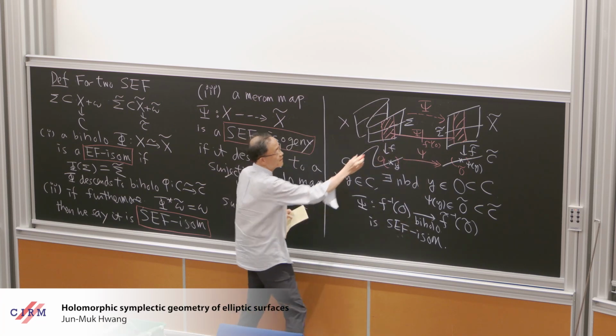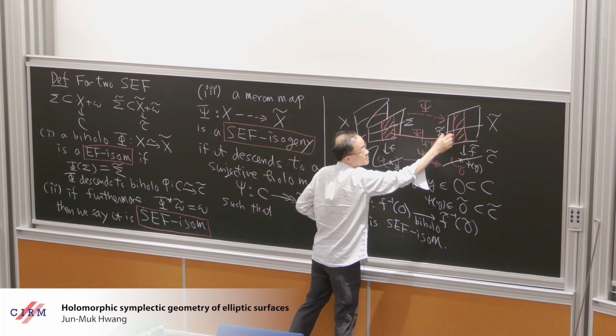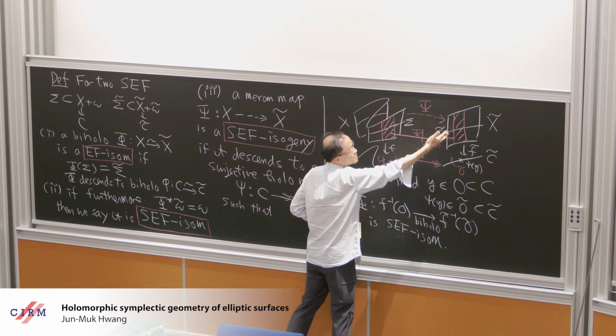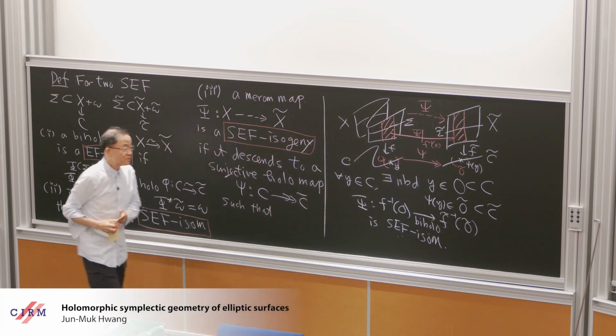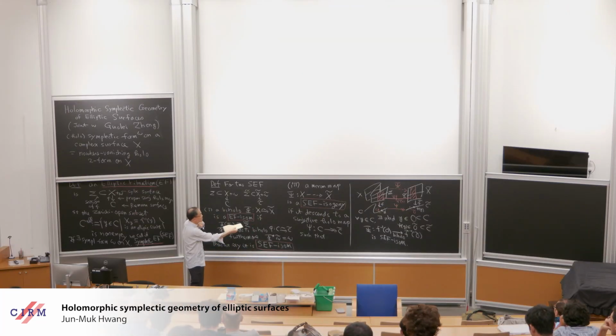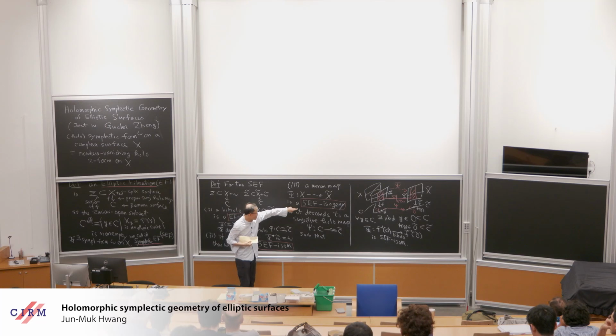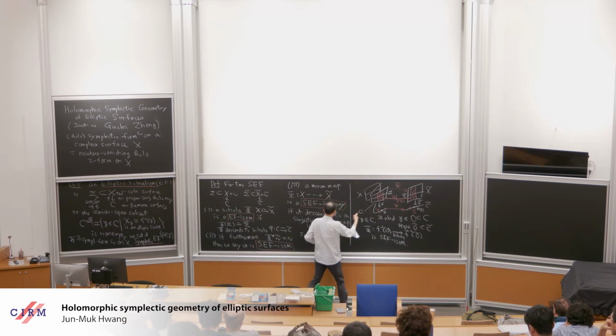So it's symplectically equivalent: a biholomorphism preserving the symplectic form and also the section. It's a somewhat more involved concept, generalizing SEF isomorphism to meromorphic maps.